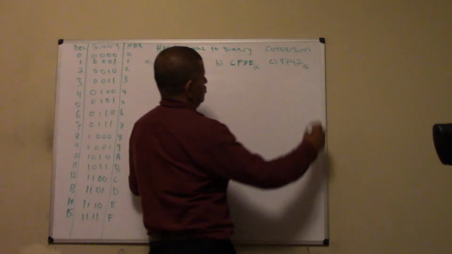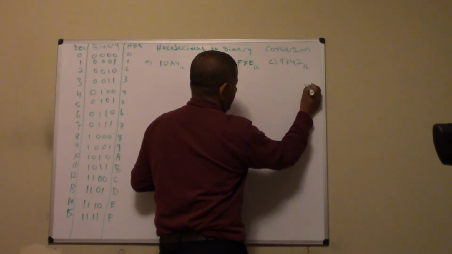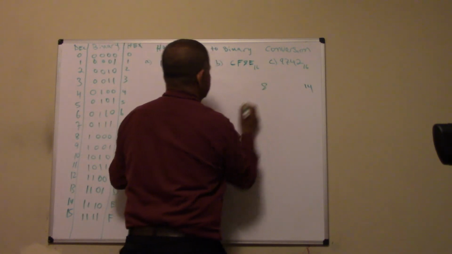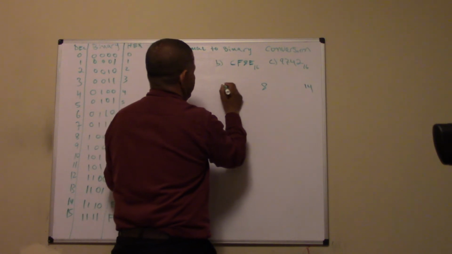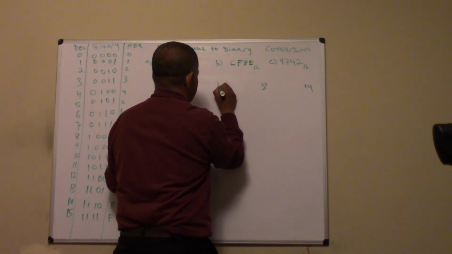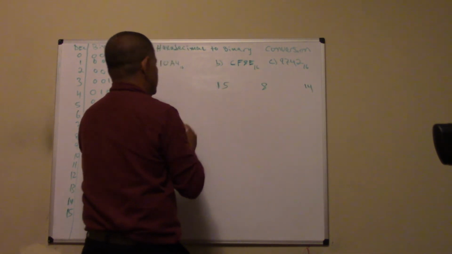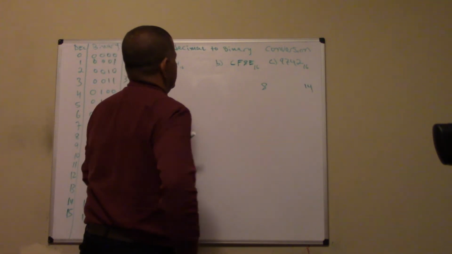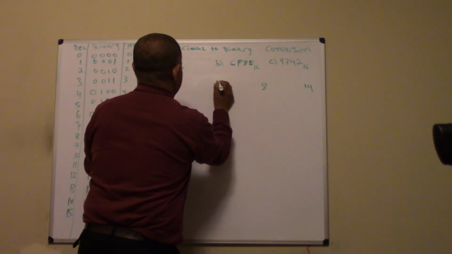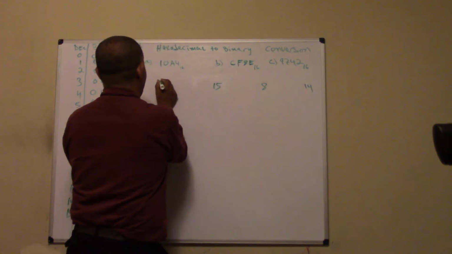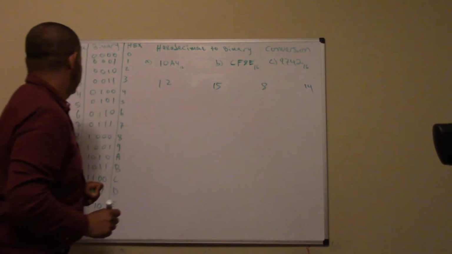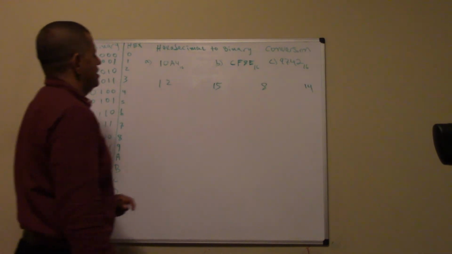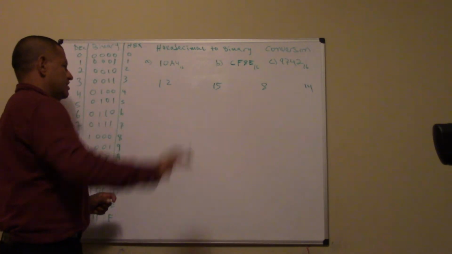So I put 14, and I put 8, and I put 15, right? I put 15 because of the F. And I put 12 for C, right there. Now, let's start working this thing out.